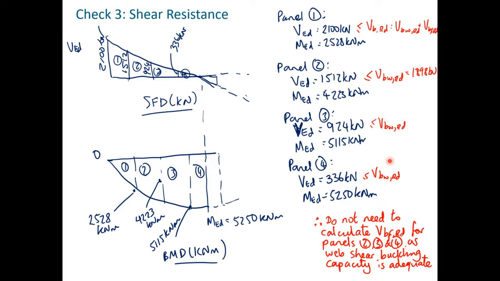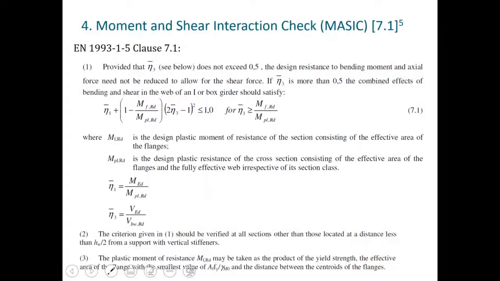So let's look at the moment of shear interaction check now. So just a recap, so the moment of shear interaction check is given from clause 7.1 of Eurocode 3, part 1, part 5 in there.